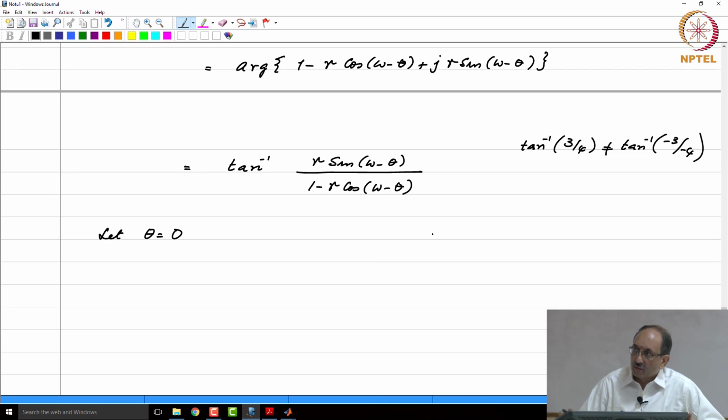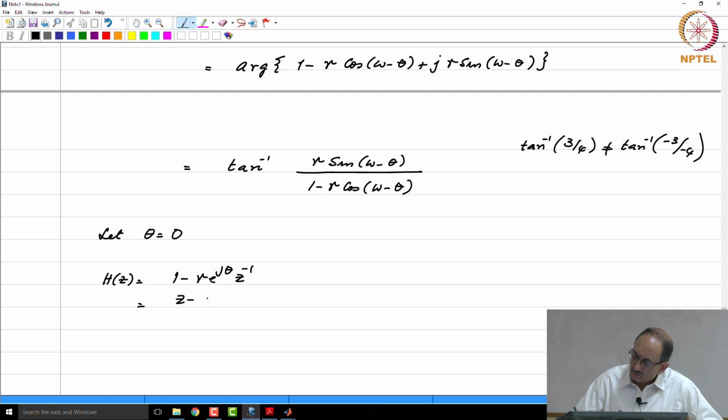So, we will exploit that interpretation and get a feel for the phase response, similar to getting a feel for the magnitude response geometrically. Therefore, if you have H of z equal to 1 minus r e to the j theta z inverse, this is the single complex zero.